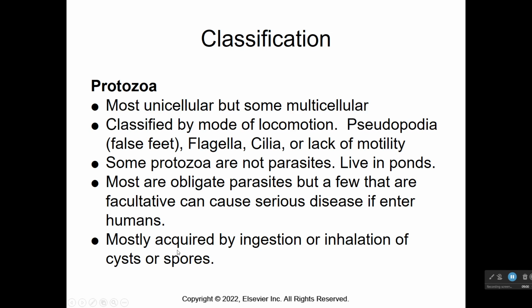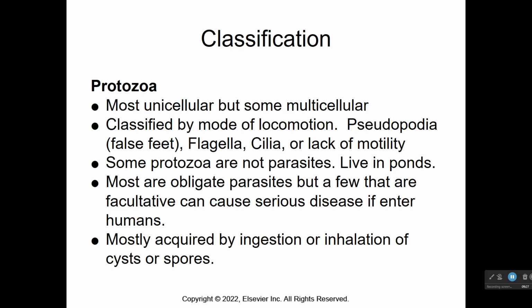Okay, so when we start to look at our protozoa, we have a few that are multicellular, but most are unicellular organisms. We generally classify our protozoa by how they move. And when we say how they move, that even includes no motility. So we look at what mode they use for that movement or locomotion, or whether they lack motility at all.